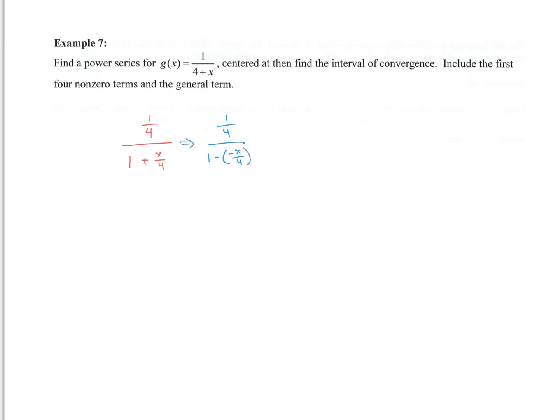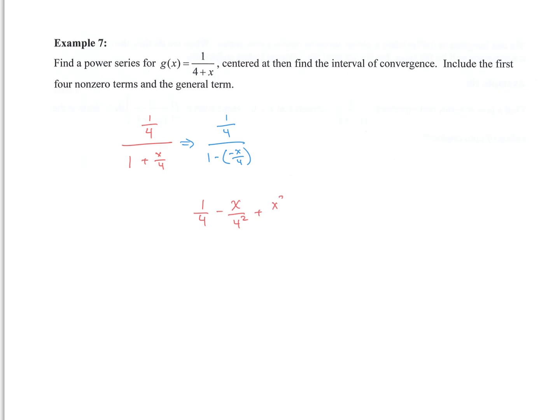Okay? So I had to manipulate a couple things there. And so now am I in that form of a sub 1 over 1 minus r? See. And so now what's my first term, Socks? 1/4. And then what's my next term? Minus x over 4 squared. And then what's my next term?